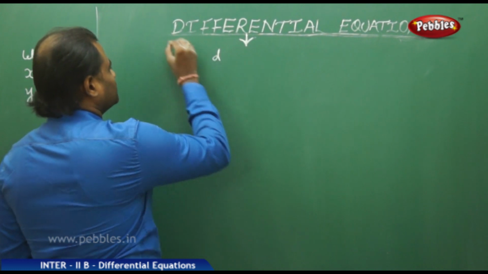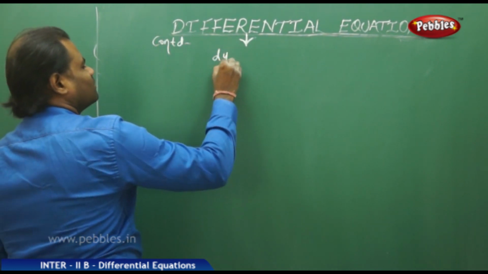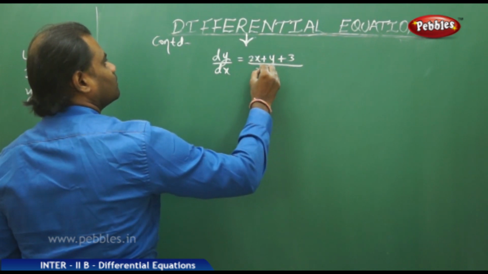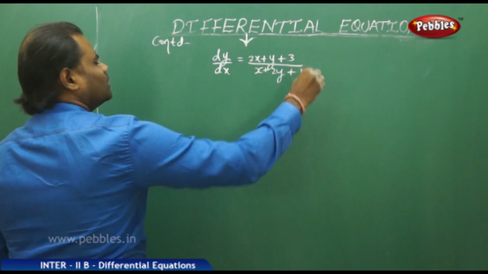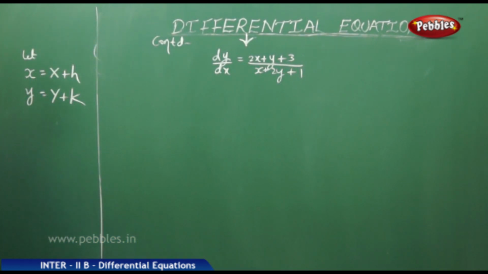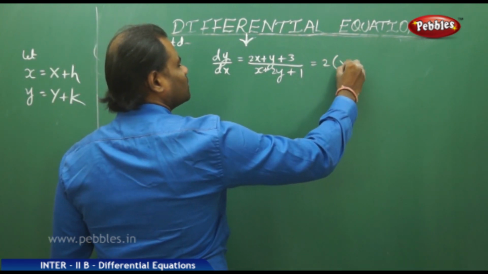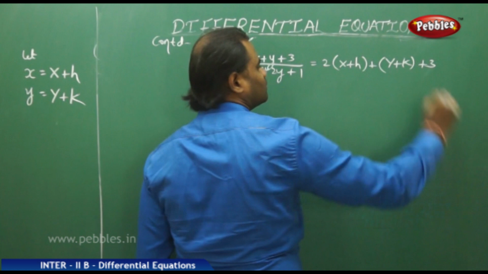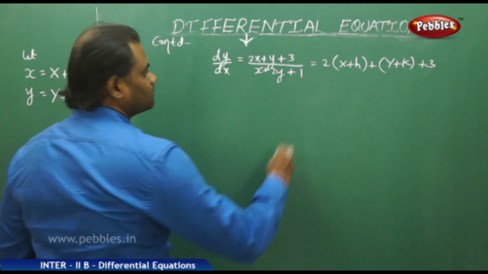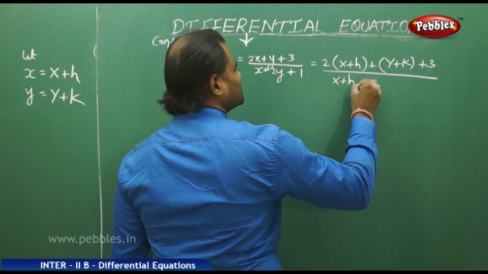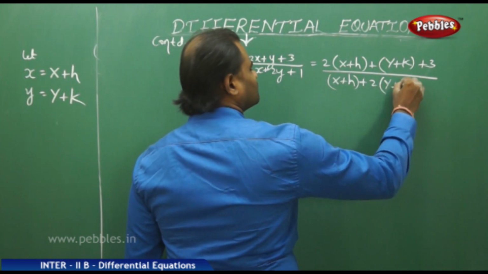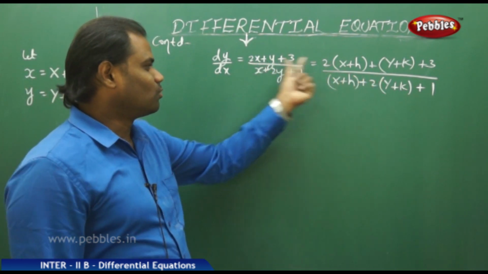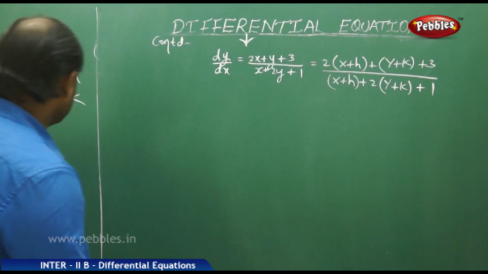Therefore, the given differential equation, when substituted with x plus h and y plus k, reduces to the form with plus 1, where the small x is replaced with capital X plus h and small y is replaced with capital Y plus k, where h and k are constants.